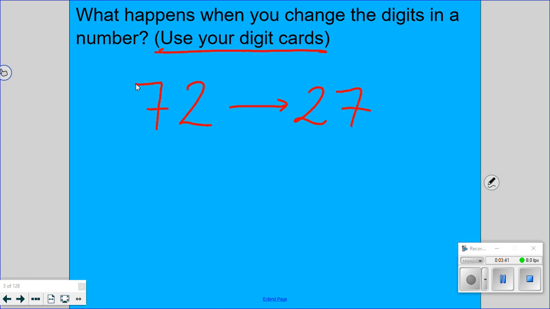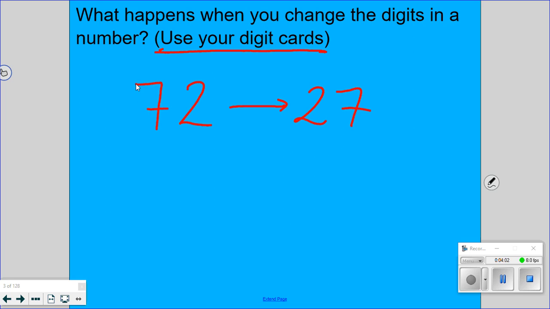Yeah? Well, what changed? What happened when we switched those digits around? Because I'm still using 7 and I'm still using 2. Heidi, what happened? The value changed.